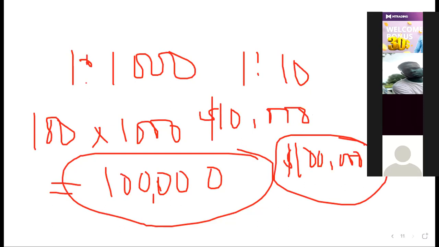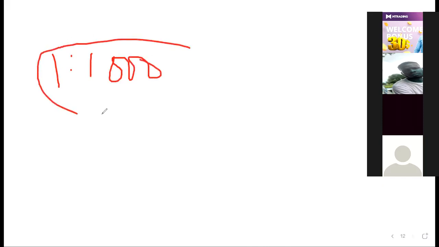Many may be asking, so which leverage should I use? Well, it depends on the funds you have. For people who are very cautious about risk management, they want to be careful about the leverage they use. If you are a very aggressive trader, it's fine. 1,000 leverage is good for you if you're aggressive.